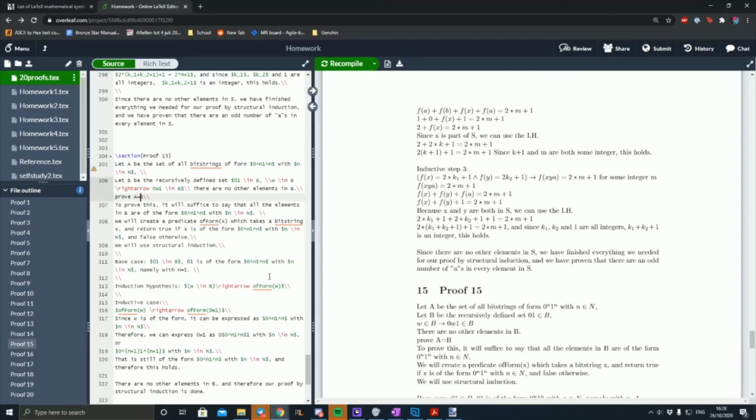However, we have to prove A equal to B. Yeah, okay, we have deconstructed A into the function of form because all elements of this form are in A. So that should be good.